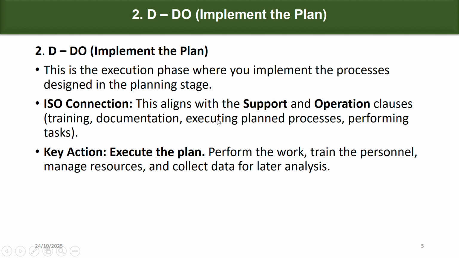This aligns with support and operation, clause 7 and clause 8 of the ISO standard: training, documentation, executing plan processes, performing tasks. Then key action: execute the plan and implement it, perform the work, train the personnel, manage resources, and collect data for later analysis.